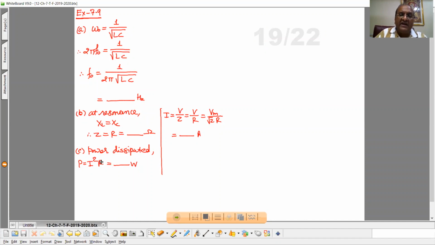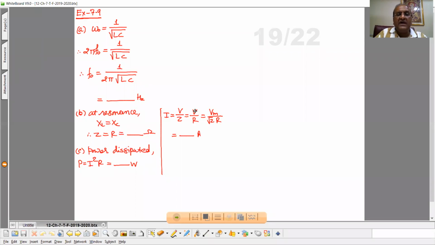So now at resonance, the power dissipated, that is I square R, because at resonance your Z itself is R. Now RMS current, that is RMS voltage by Z, but Z equal to R. So you can rewrite this, RMS current, that is RMS voltage by R, but RMS voltage is not given to you directly.